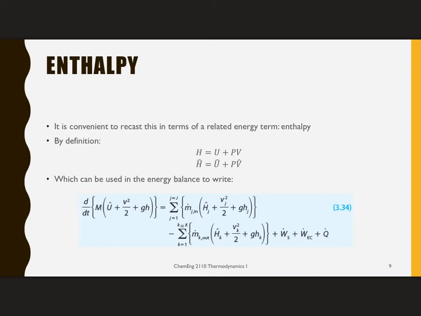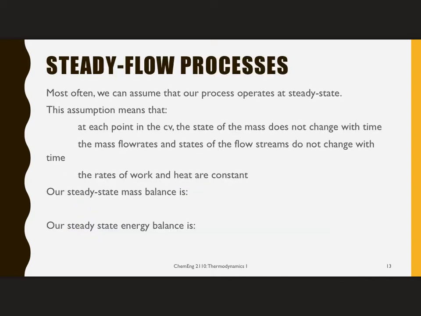Recall that this combines the internal energy U with the flow work PV. So we have the rate of accumulation as the difference between the flowing energy in and out, plus the shaft work, the expansion and contraction work, and the heat transfer.